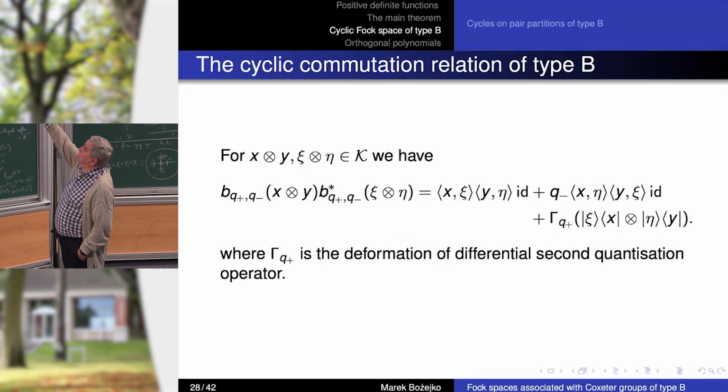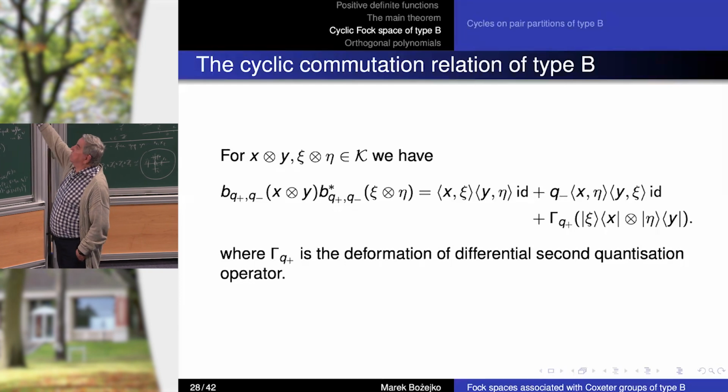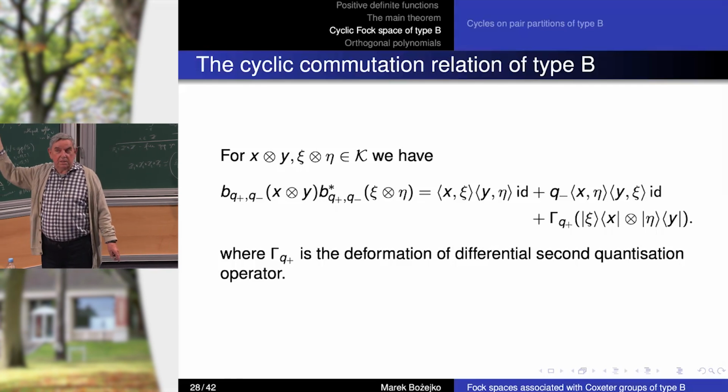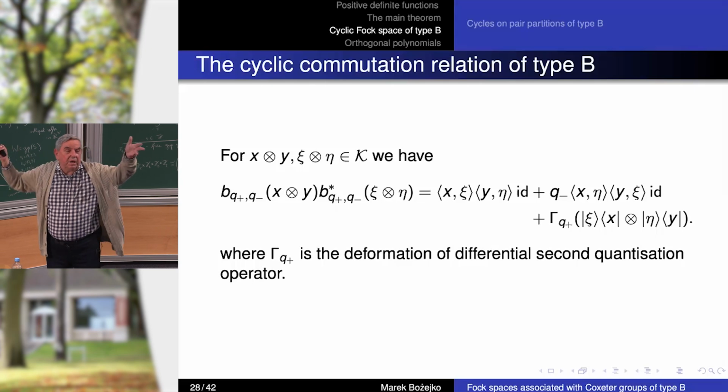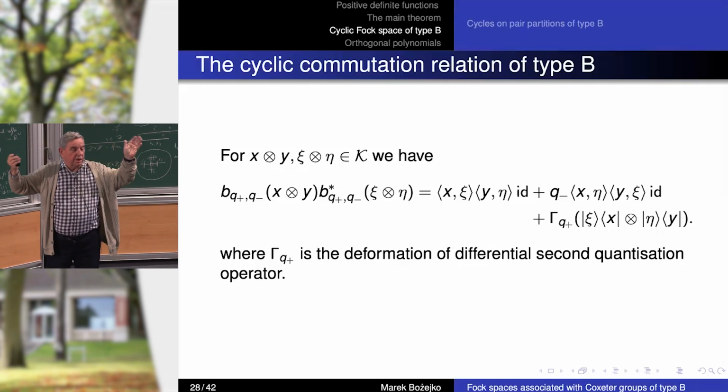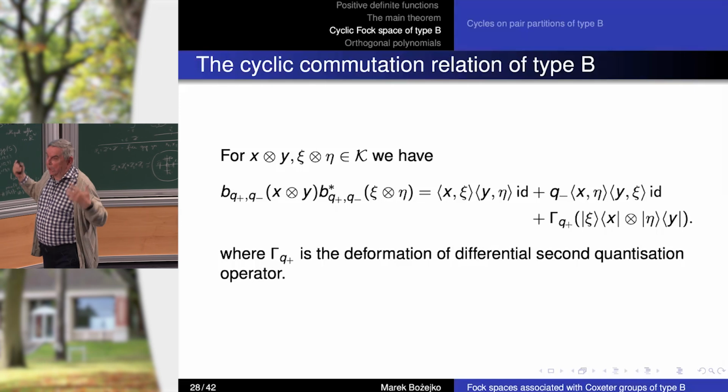Here Q plus and Q minus appear. Q minus appears just like in the series A, but we have the real second quantization operator, Q gamma, Q plus. So this is mixed. I never found in the literature this type of two types of quantization.